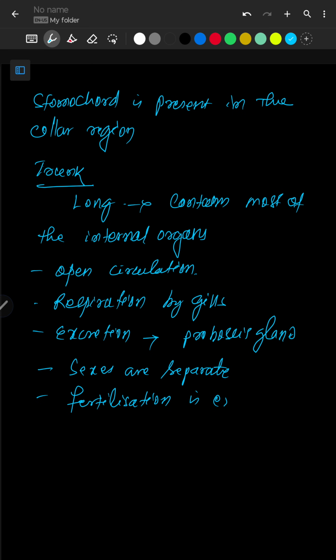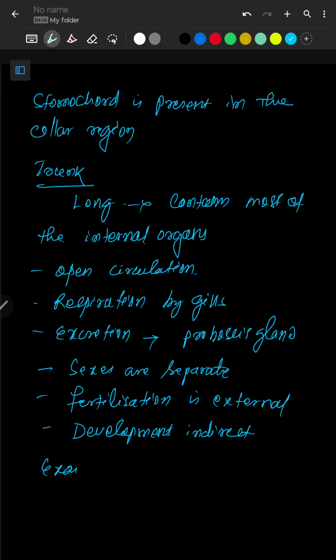Fertilization is external, which means the gametes are released into the water, where fertilization takes place. Development is indirect, which means a larval stage is there. Now come to the examples.